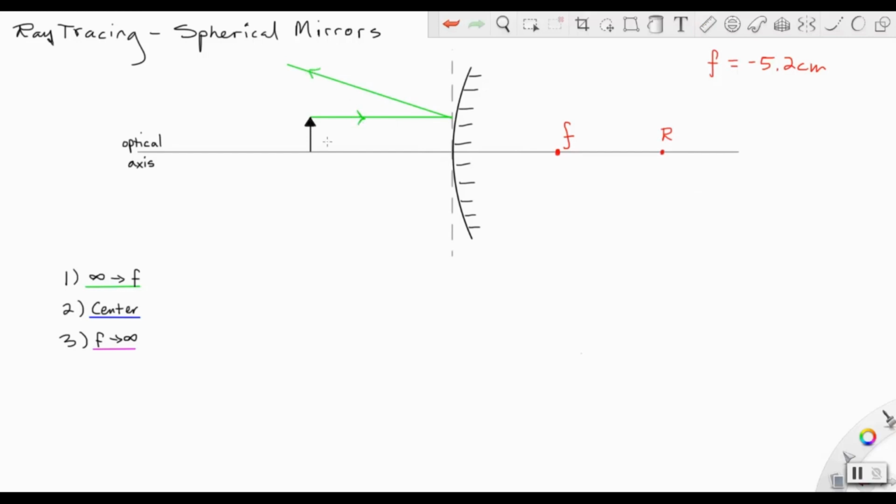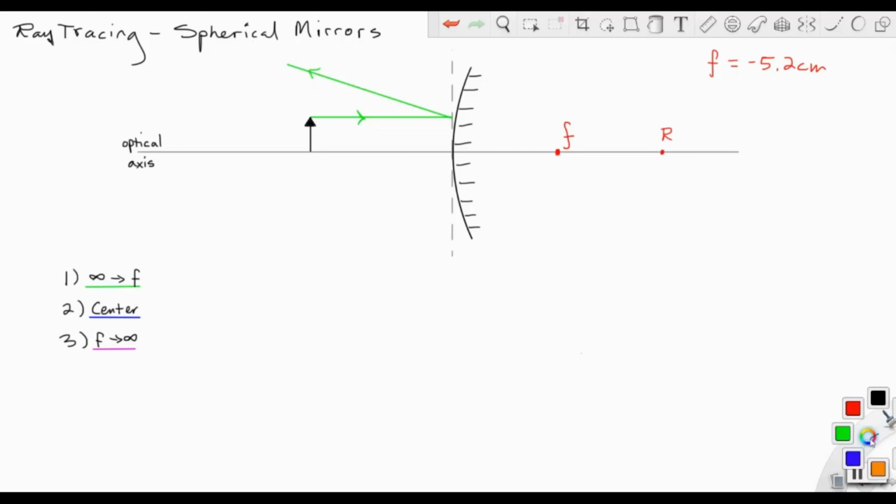So we have our first ray. It is parallel at first, and then after encountering the device, it becomes a focal centered ray. Now, unlike our lenses, we don't have a focal point on each side, so you're going to end up using this focal point twice. Keep that in mind when we get to the purple ray.